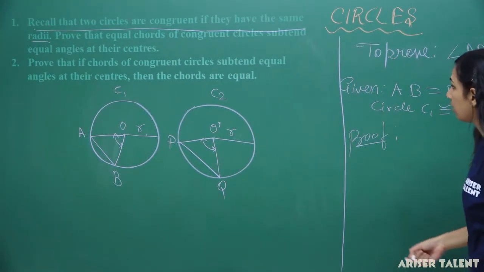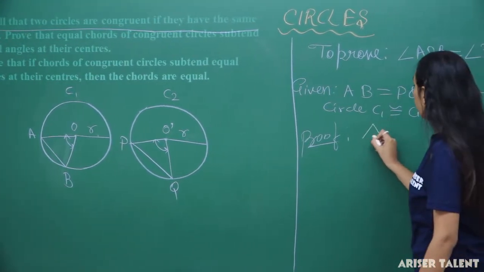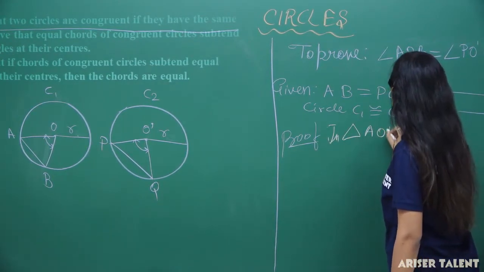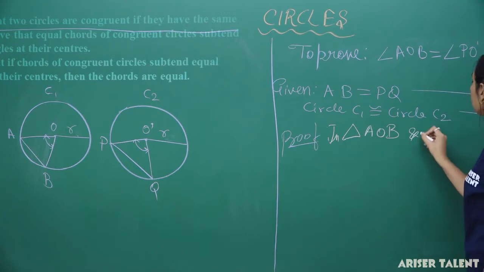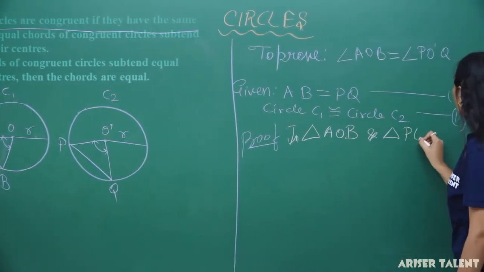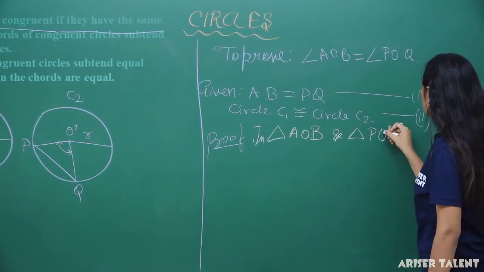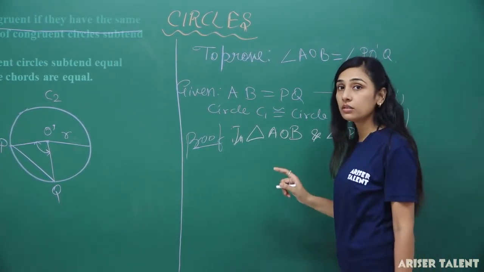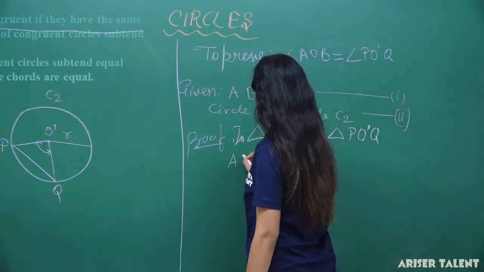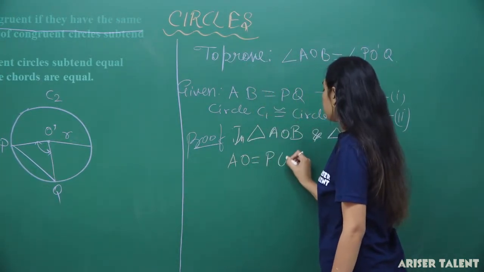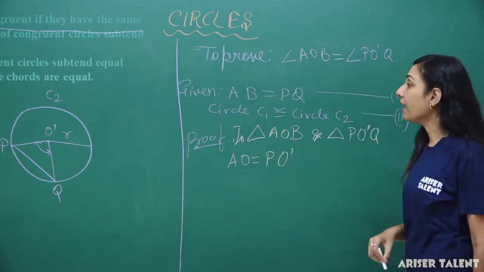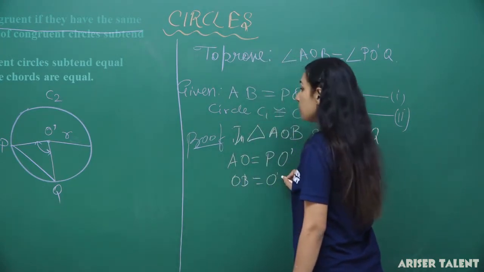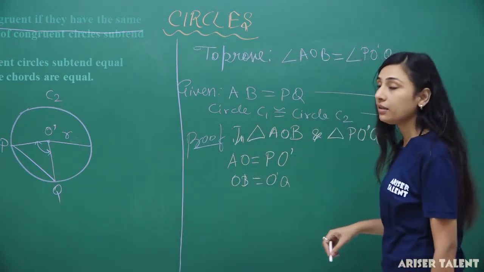So in triangle AOB and triangle PO dash Q, these two are triangles. Now in these two triangles, what I found is that AO is equal to PO dash, and OB is equal to O dash Q. Why?